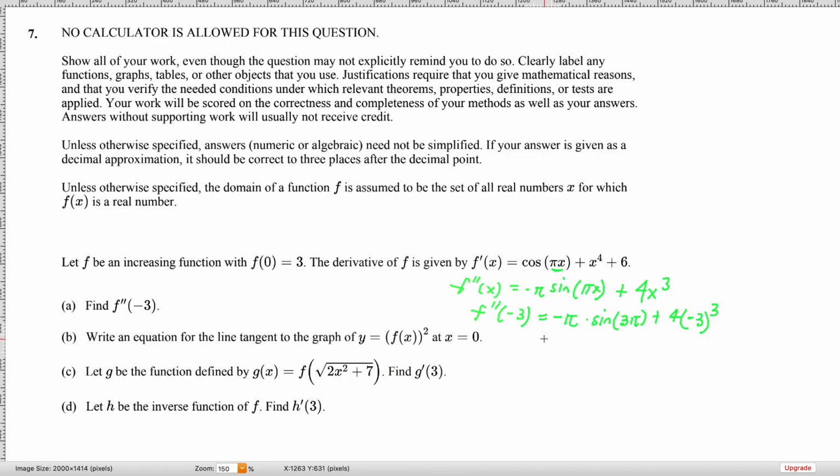And what we get here is that you should see that sine of 3 pi is 0. 0 times negative pi is 0. -3 to the third is -27. -27 times 4 is -108. And you have your first answer. So this is -108.